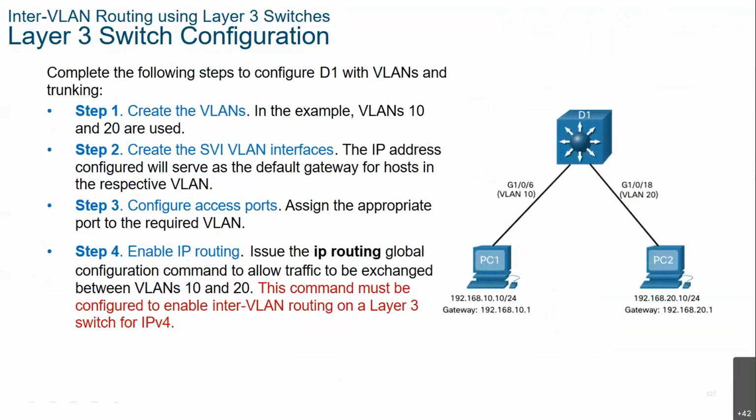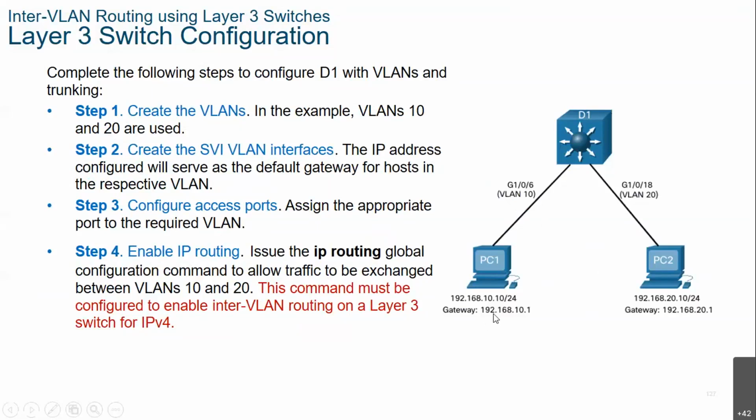The normal steps: first we have to create the VLAN and then assign the VLAN, and then create the SVI VLAN interfaces. The IP address of this interface will be the default gateway of the PC that is connected to it. So for VLAN 10, this is the IP address that you will give at D1, and that is the IP address that is going to be used by PC1 as its default gateway.